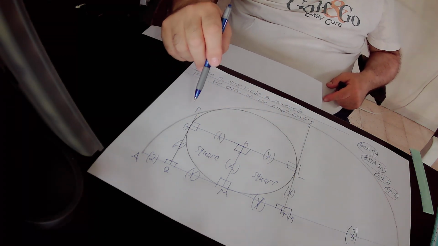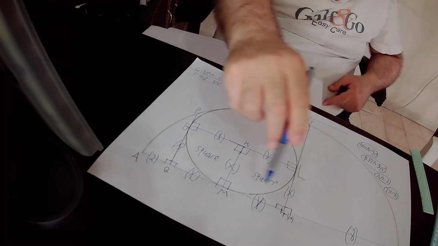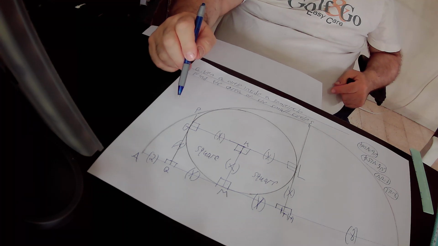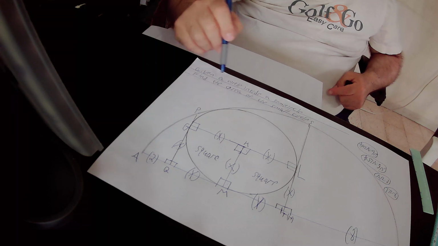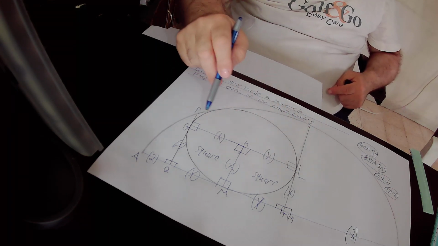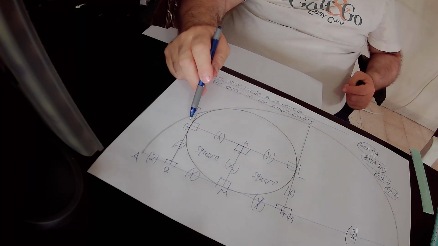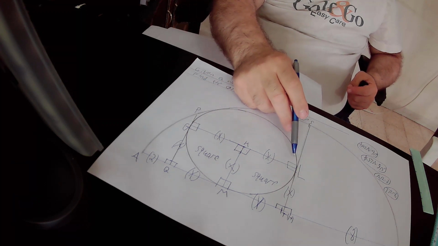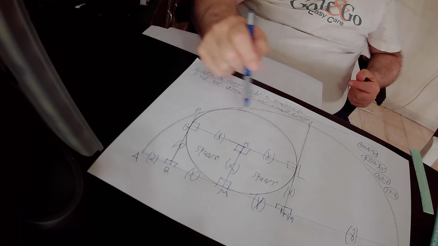In the next step, we'll focus on shape GLTQ. In this shape GLTQ, we have 1, 2, 3, 4 sides. Side GL is absolutely a straight line because it is the diameter of the small circle.